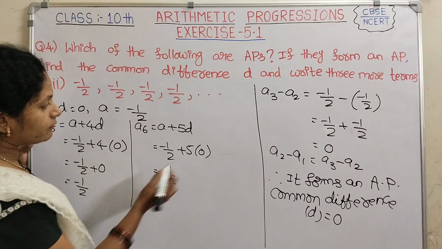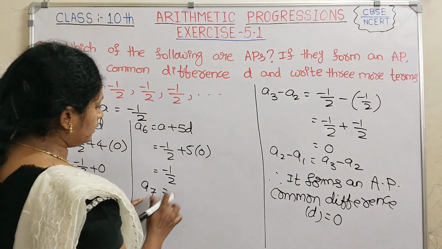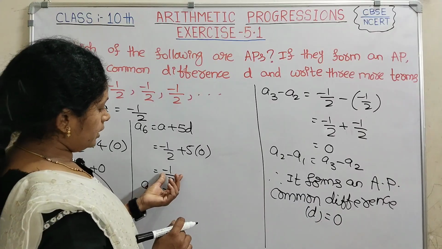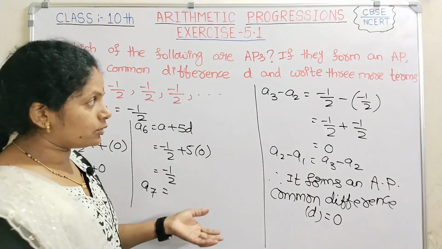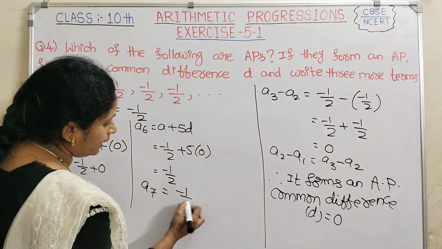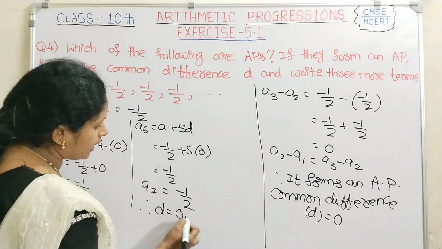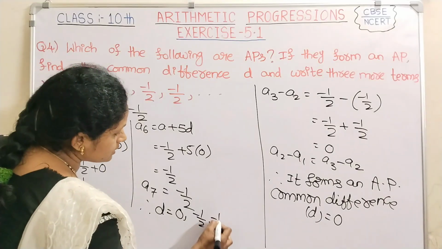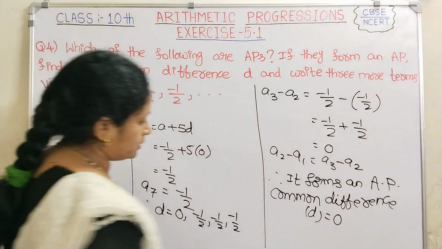In the same way, can we get A7 also? How can we calculate A7? To the previous term, if we add the common difference, minus 1 by 2 plus 0 gives us minus 1 by 2. Therefore, D is equal to 0, and minus 1 by 2, minus 1 by 2 and minus 1 by 2 are the next terms.